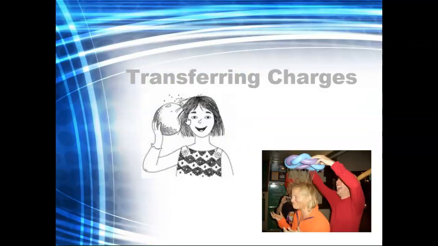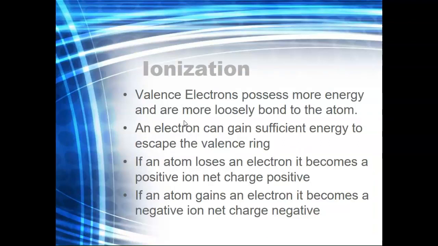So transferring of charges, everybody has done this experiment, if not to yourself, then to somebody else. At the very least, you might have rubbed a balloon on your arms and you saw your arm hair stick up, things like that, yeah? So the reason that happens is we do what's called ionization.